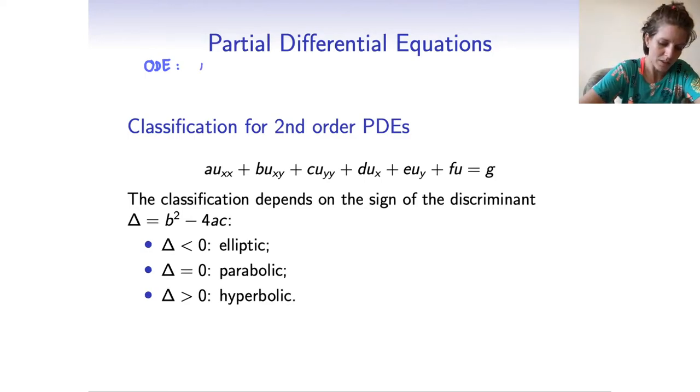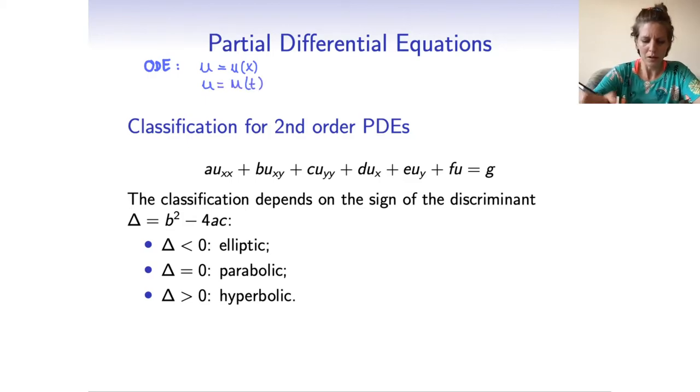So we see that our function u is a function u of x, or u equal u of t. But now in partial differential equations, we have more than one variable, and then u would be some function of time and space.